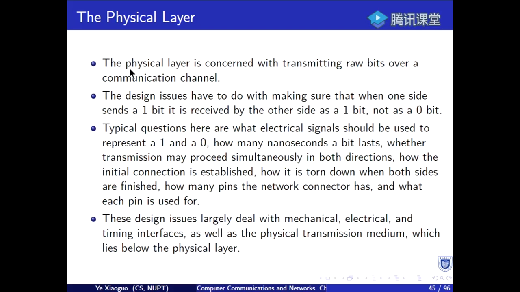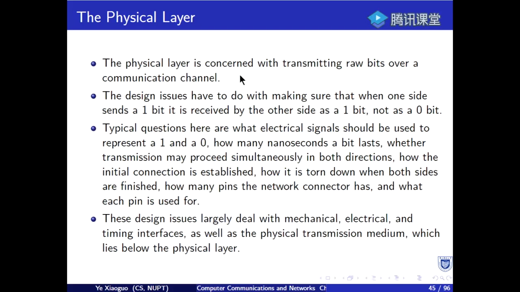The physical layer is concerned with transmitting raw bits over a communication channel. What are raw bits? That means 1010, the original information. So the physical layer is concerned with transmitting raw bits over a communication channel.